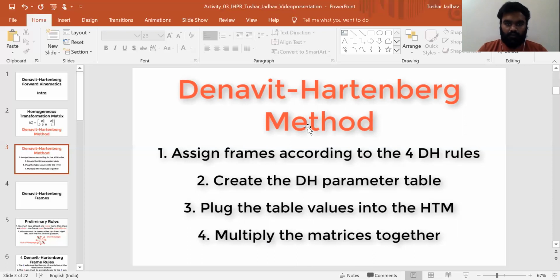So focusing upon how we can assign frames to the joints of the robot is the base criteria of this whole presentation.